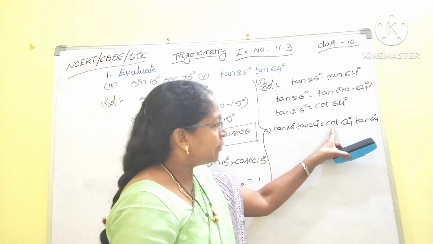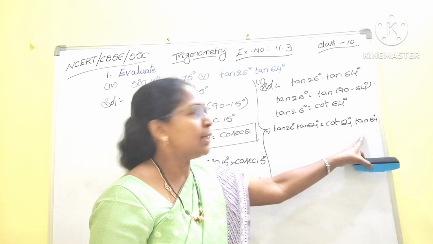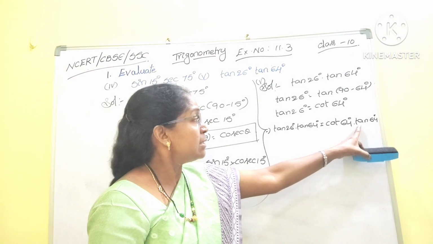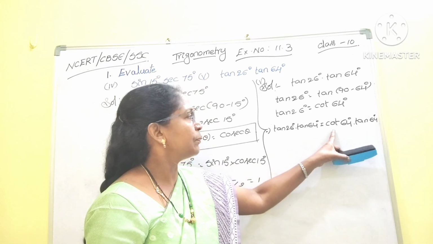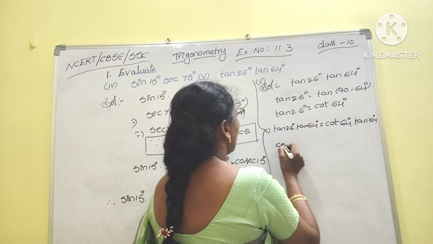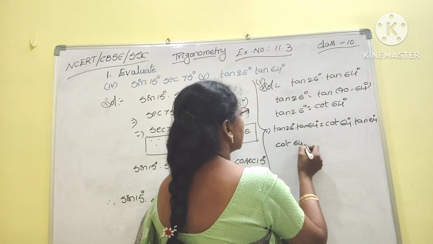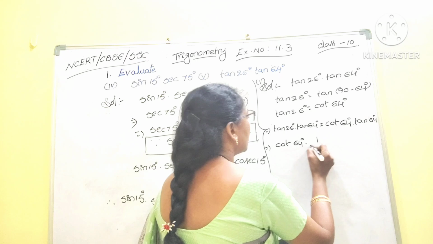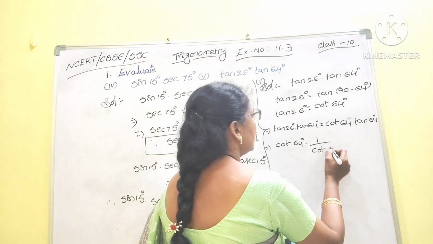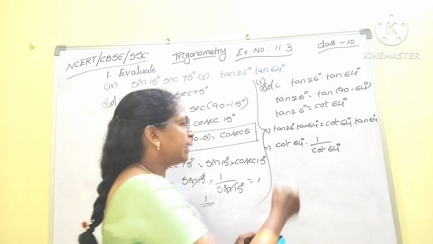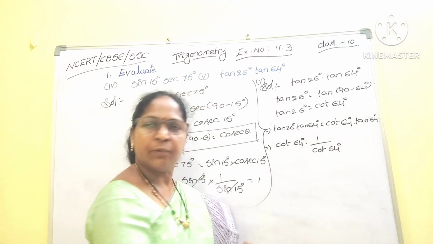Now, you can change either the first term or the second term. Cot is the reciprocal of tan, as well as tan is the reciprocal of cot. Suppose cot 64 degrees into tan, which is the reciprocal of cot, so 1 by cot 64 degrees. Tan 64 degrees can be written as 1 by cot 64 degrees.